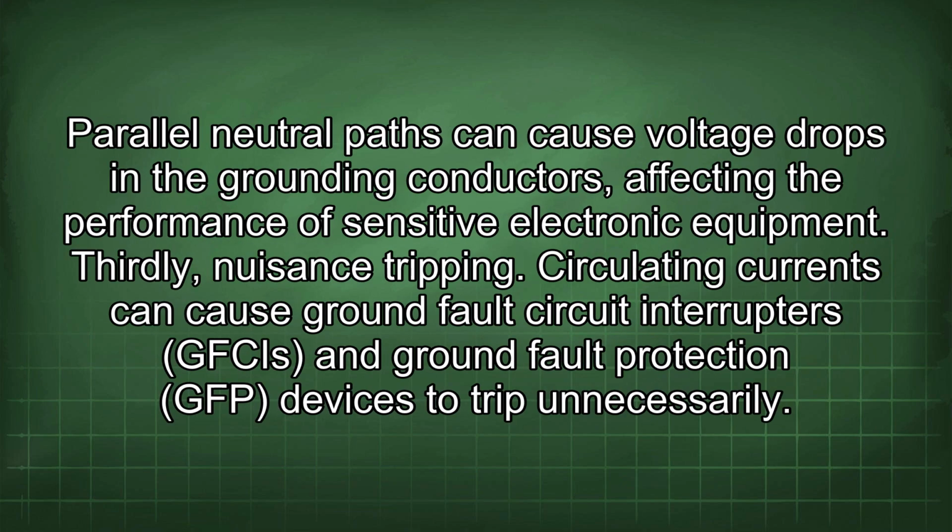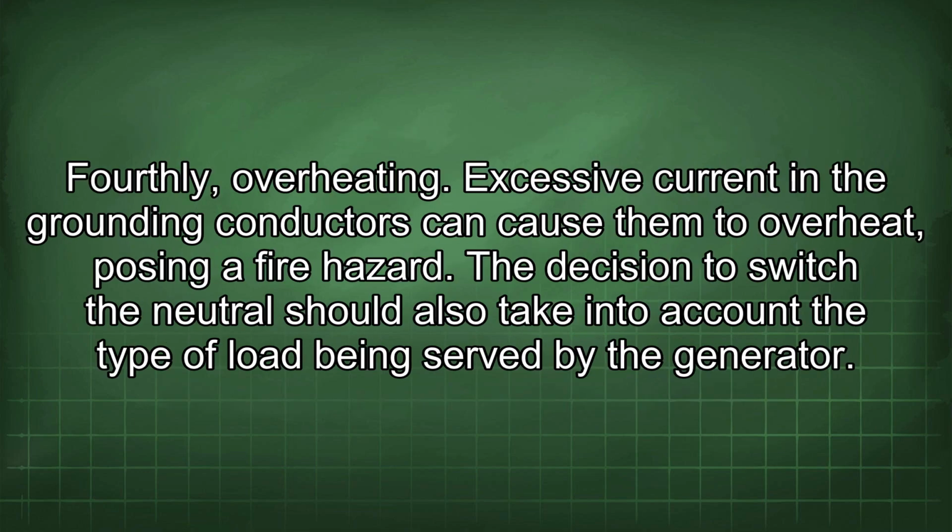Parallel neutral paths can cause voltage drops in the grounding conductors, affecting the performance of sensitive electronic equipment. Thirdly, nuisance tripping. Circulating currents can cause ground fault circuit interrupters (GFCIs) and ground fault protection (GFP) devices to trip unnecessarily. Fourthly, overheating. Excessive current in the grounding conductors can cause them to overheat, posing a fire hazard.